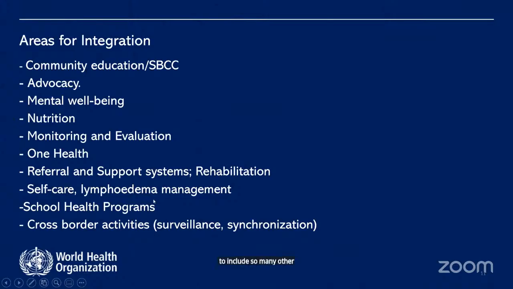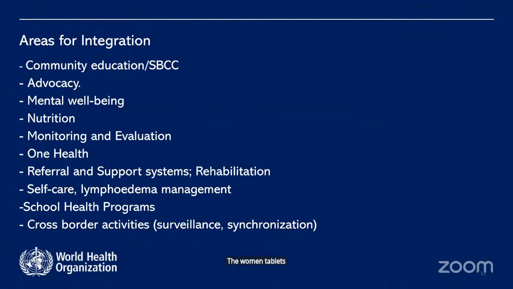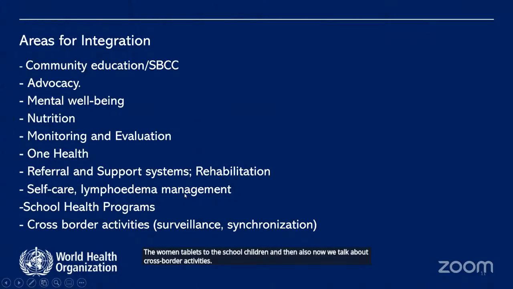School health programs, yes, we can have school health programs where we are distributing the nets to school children. We can also use the same platform to distribute deworming tablets to the school children. And then also, we talk about cross-border activities where we strengthen surveillance.